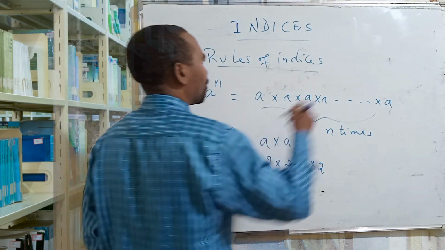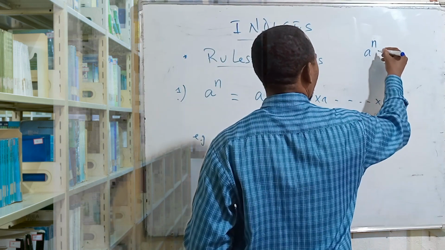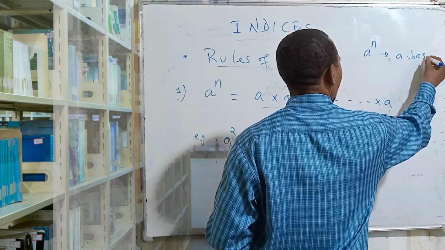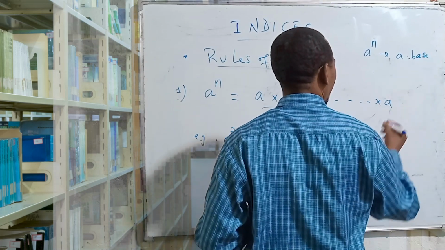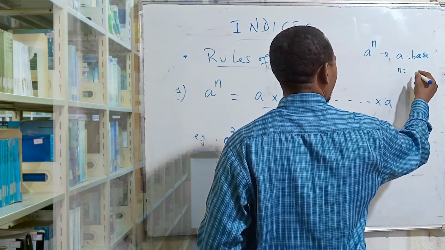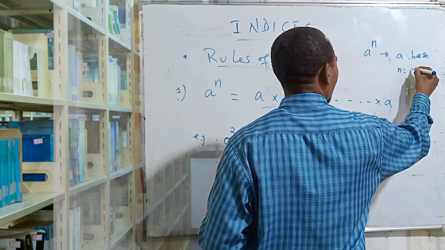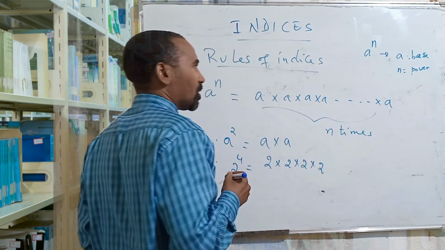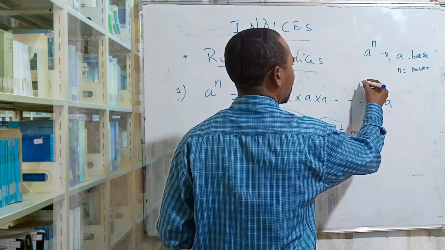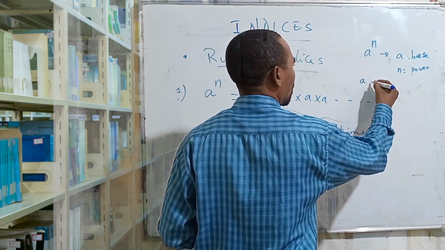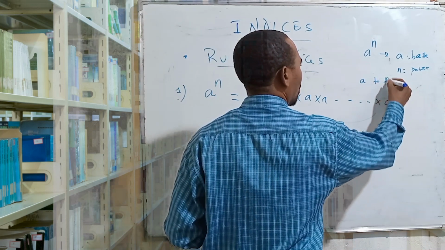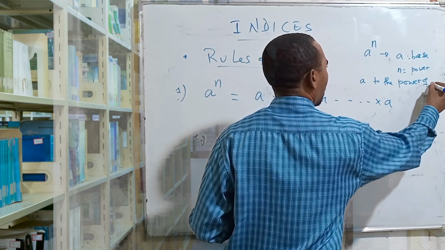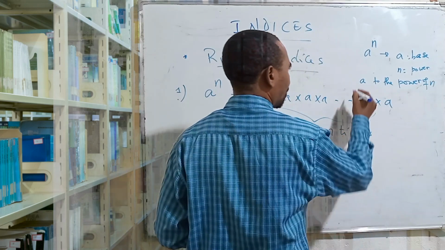Here, we will consider a as the base of the index. We read that as a to the power of n.